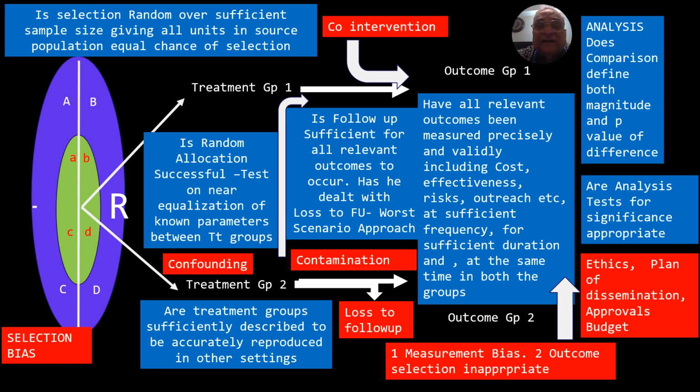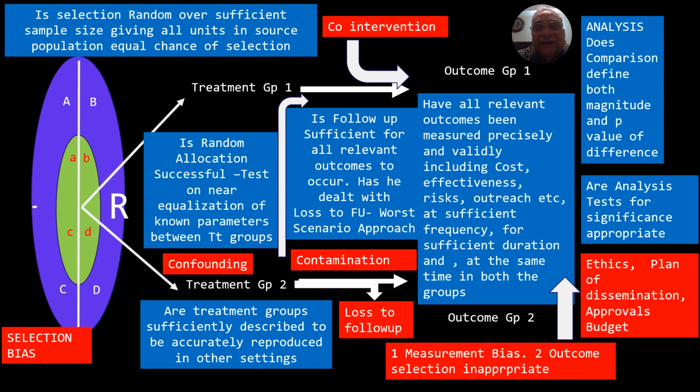Then if you are measuring the outcomes, first of all, the question is, have all relevant outcomes been measured? Has the measurement been precise and valid, which means no false positive, no false negative? Has the measurement included cost, effectiveness, risks and outreach, that means the ability to apply it to the general population?